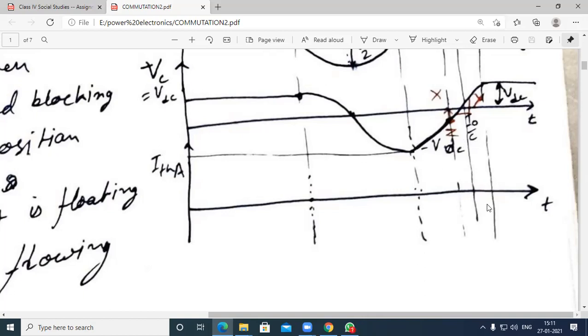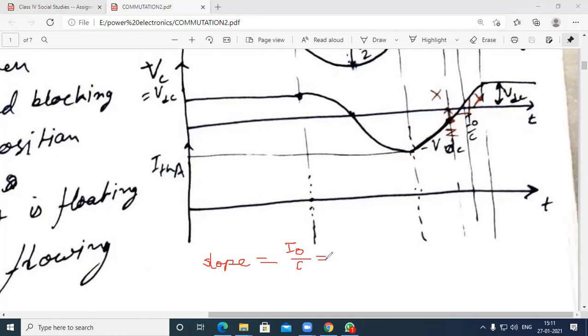Tc is the circuit turn off time. The slope is I naught by C.